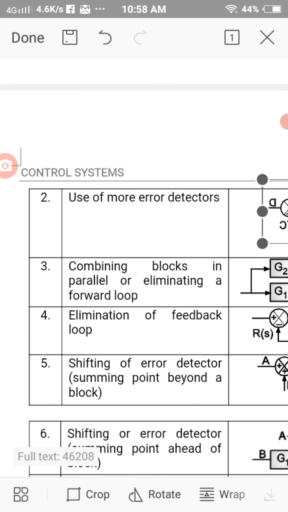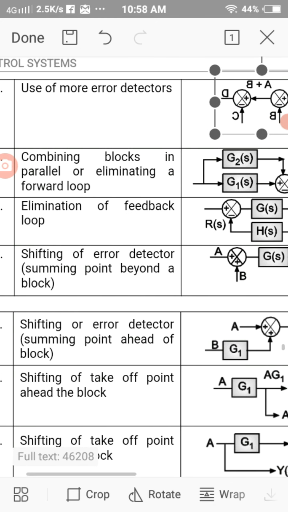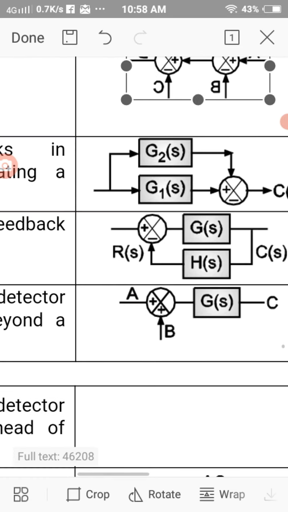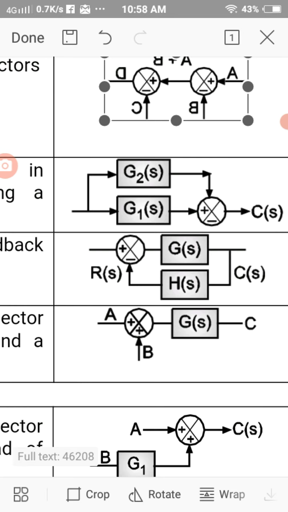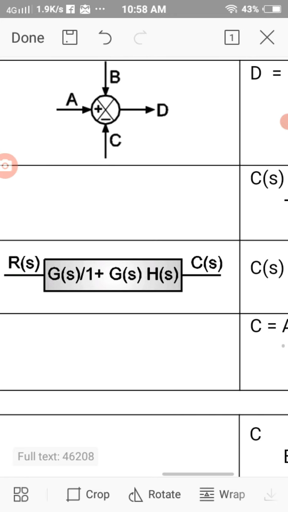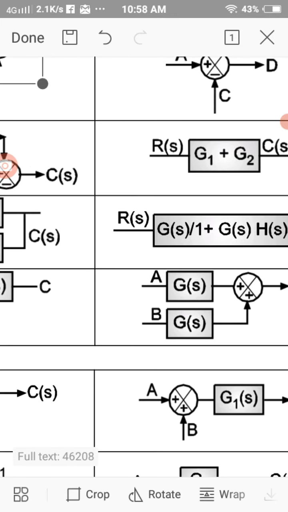Third point is combining blocks in parallel or eliminating a feedback loop. If two blocks G1 of S and G2 of S are in parallel, then the output will be G1 plus G2.